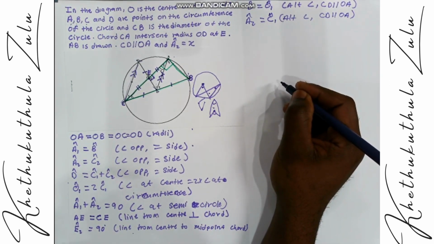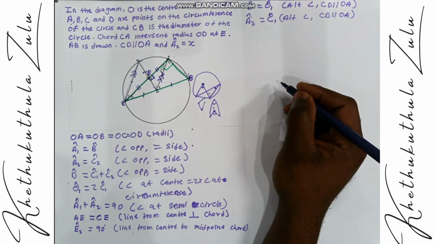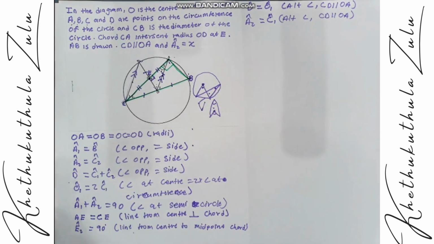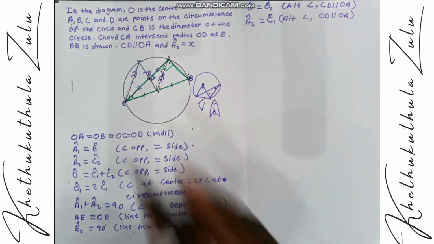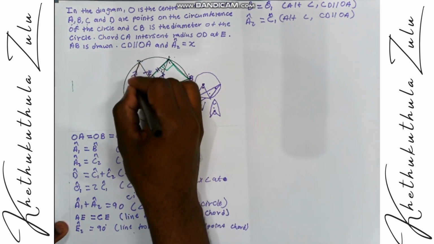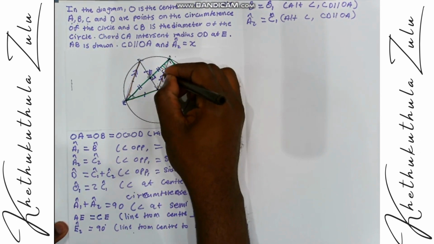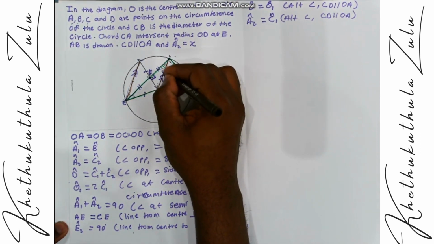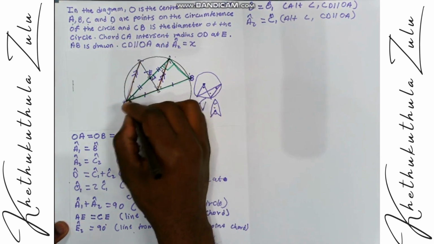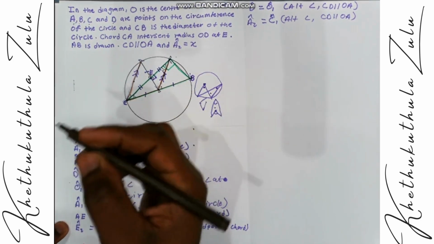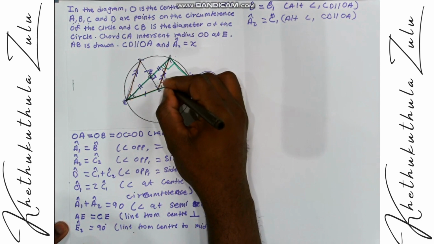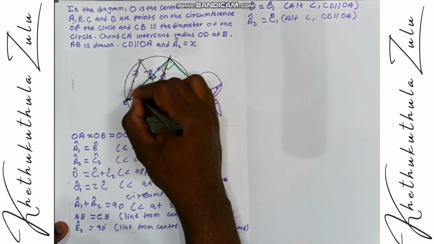And then now I hope you're going to see an F shape. Where is this one? This F shape here, where this now is going to be equal to this one.